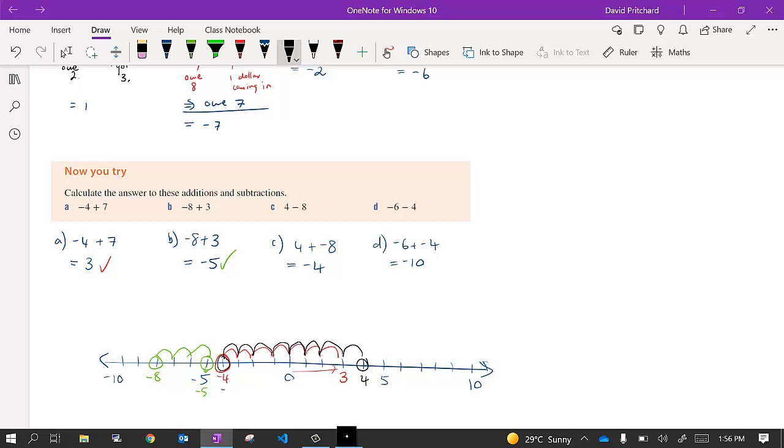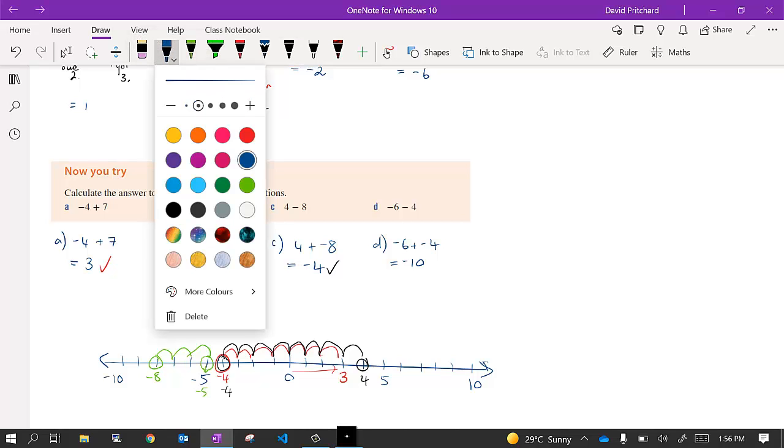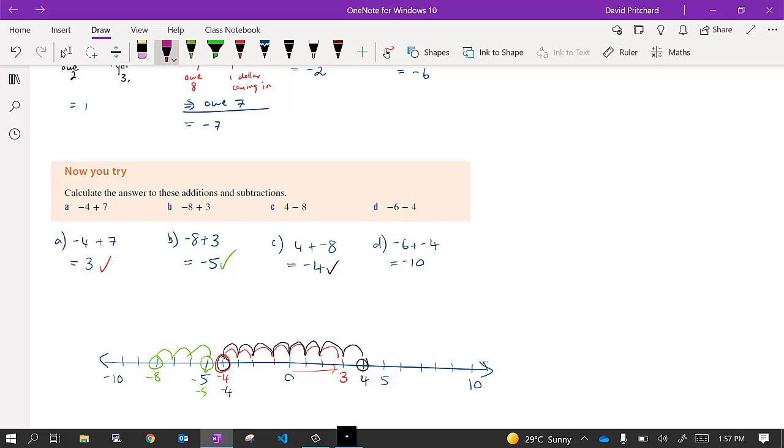So we end up here at -4, and that confirms that one as well. Now our last one, what beautiful color should we use? Let's use purple. The last one, we've got -6, and then we're subtracting 4. So -6, which is here, and we're going 4 backwards. So 1, 2, 3, 4. We end up here at -10, so that confirms that as well.